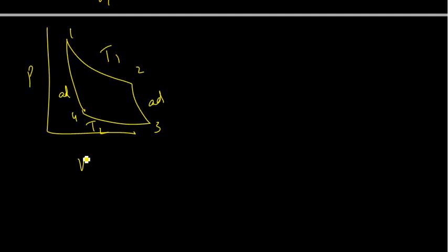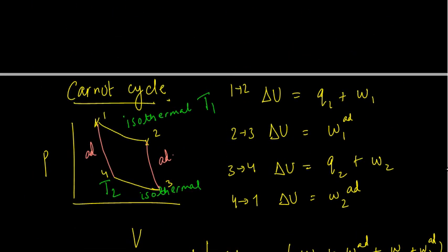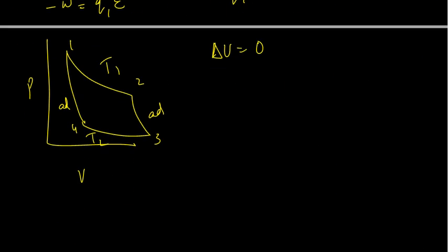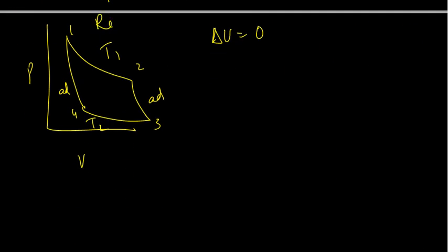So path 1 to 2, delta U is 0. It's isothermal. Remember, this Carnot cycle that we drew, these are all reversible changes. So let me just remind you, this is all reversible. And we are doing it again for a reversible case, ideal gas.